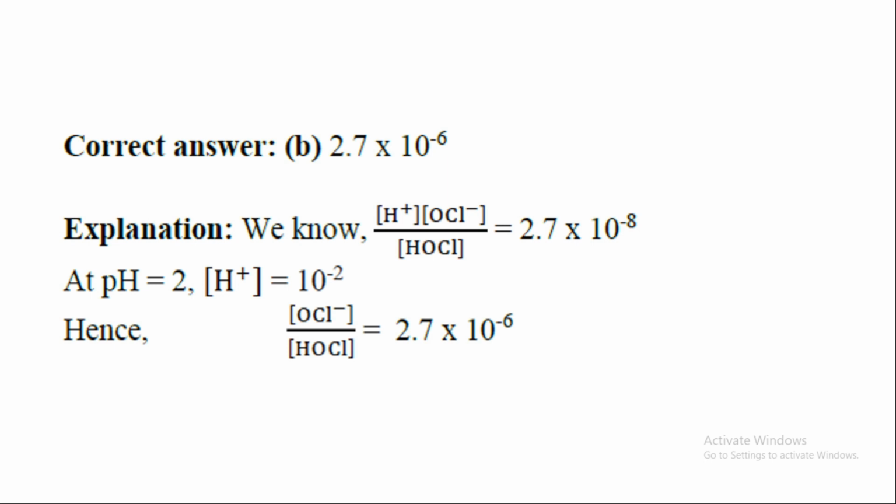That means the 10^-2 goes to the numerator and becomes 10^+2. Minus 8 plus 2 is minus 6. So your final answer will be 2.7 x 10^-6.